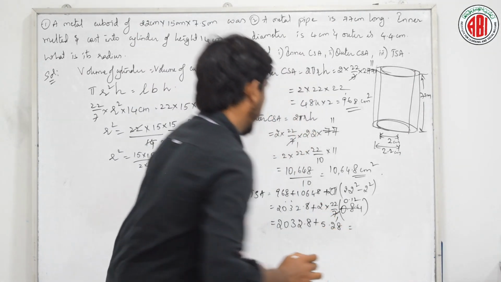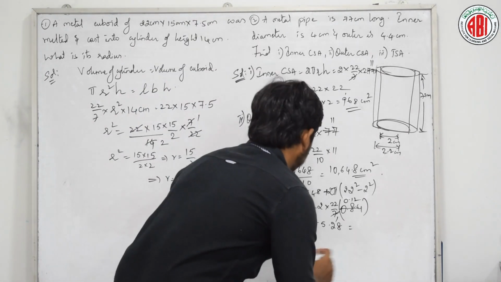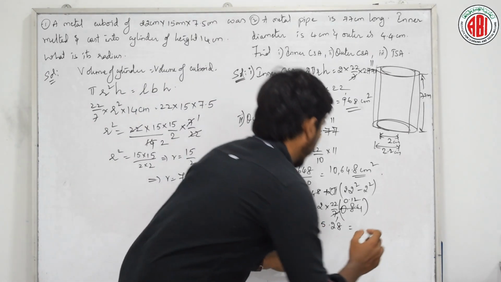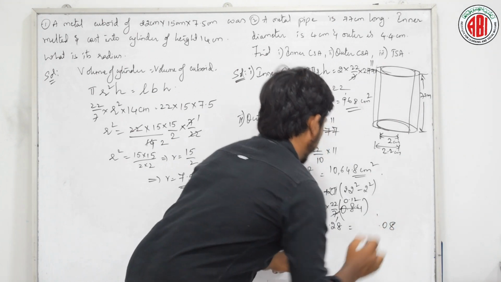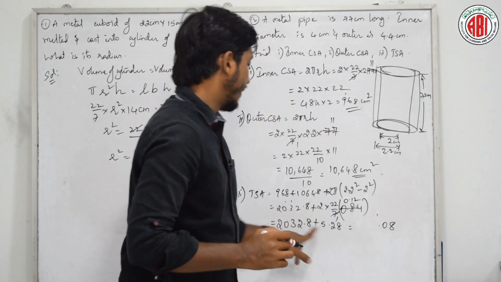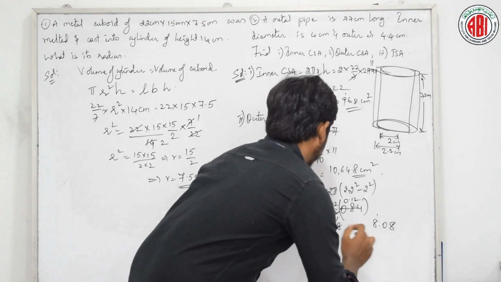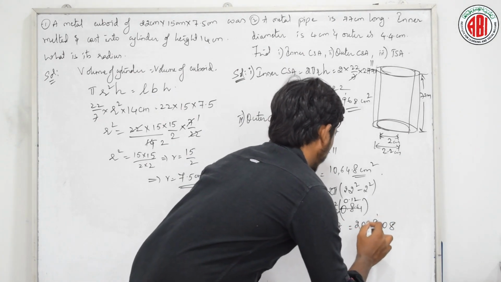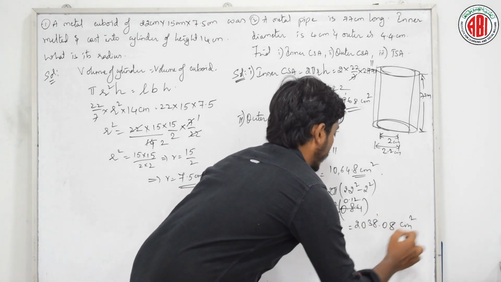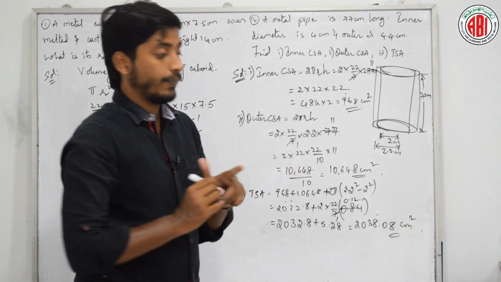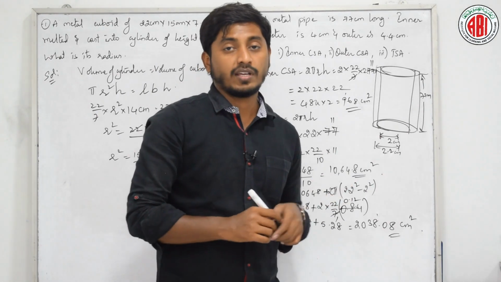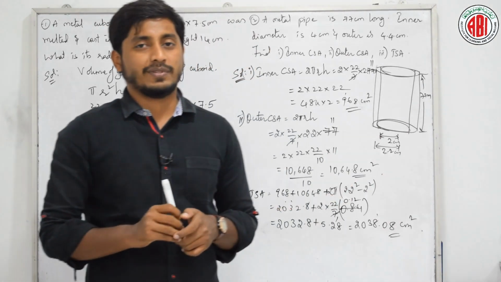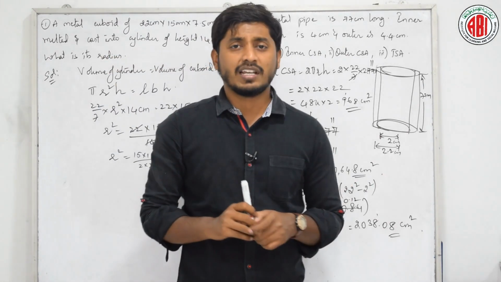Therefore, my answer is 2032.8 plus 5.28, that is 2038.08. Is it clear? Is it easy? By using only 2 or 3 multiplications we can solve this kind of problems. Okay, shall we move on to the next problem?